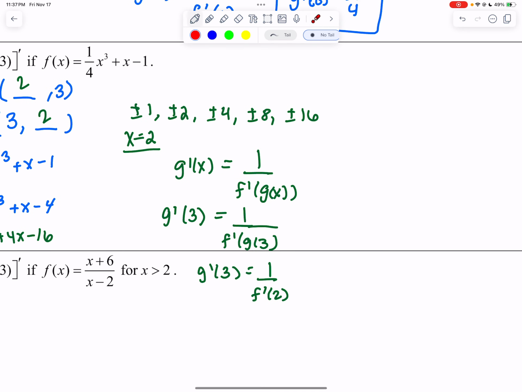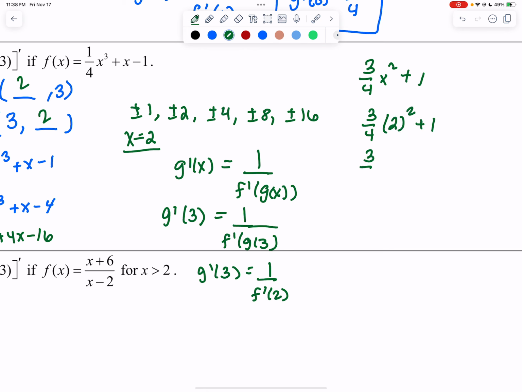So in this case, I'm going to have 3/4 x squared plus 1. I am going to plug in 2. So that's going to give me 3/4 times 4 plus 1.